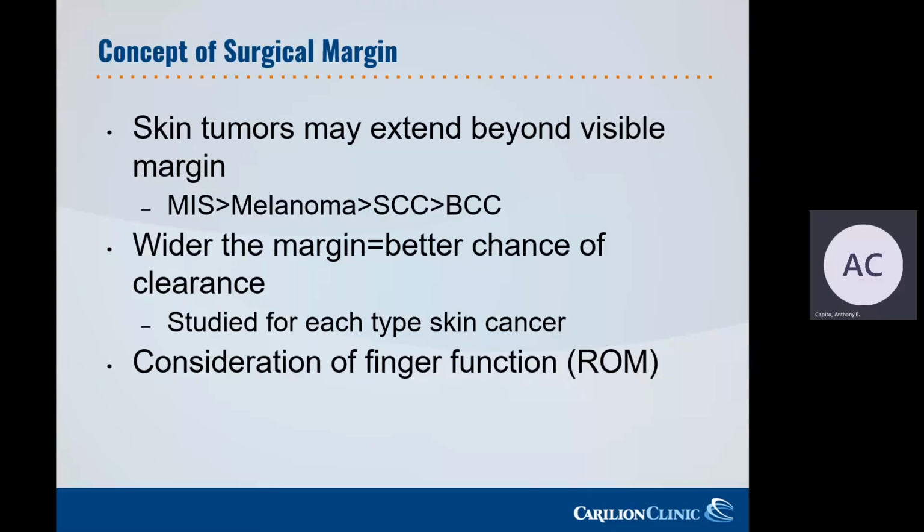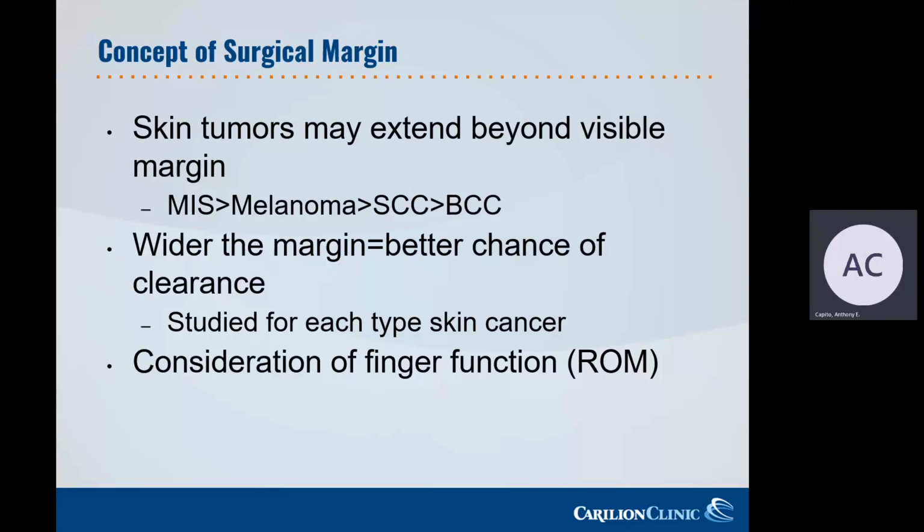Obviously, the wider the margin, the better chance of clearance. And all you really need is negative margins. All these suggestions of 3 to 4 millimeters are just so that you have a better chance of obtaining that clear margin. With a Mohs surgery, they excise it until they have clear margins. It doesn't matter if it's a millimeter or 10 millimeters, you just want the cancer removed.